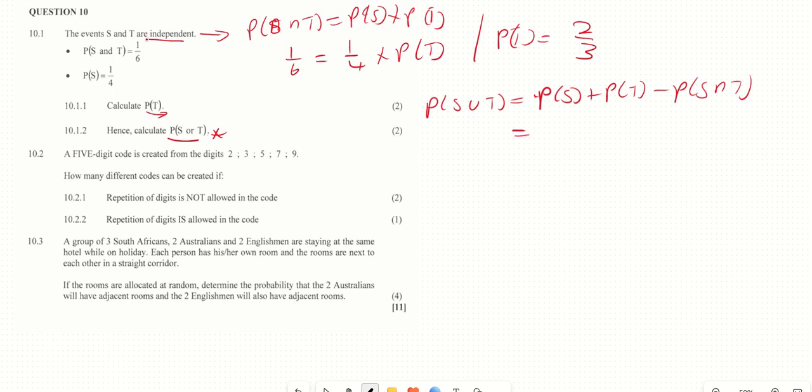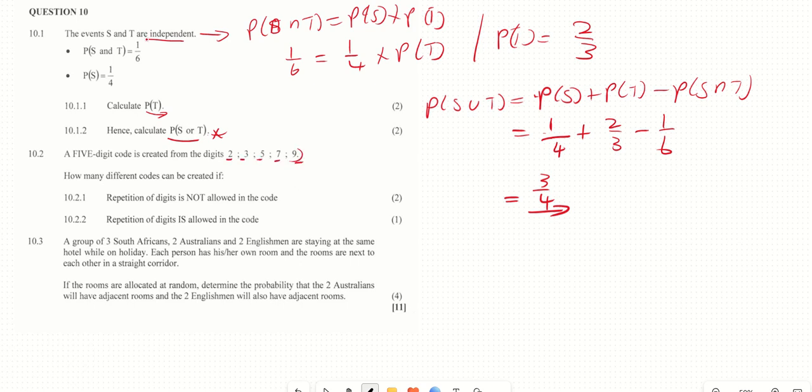Probability of S is 1 over 4, plus probability of T is 2 over 3, minus 1 over 6, which will give us what? 3 over 4.